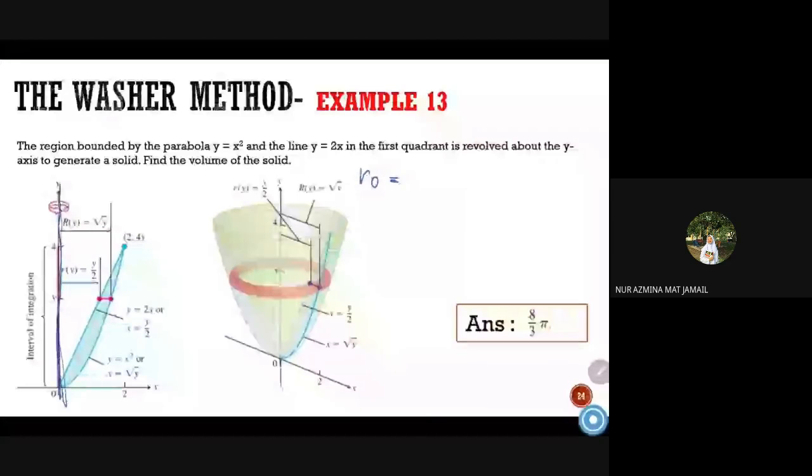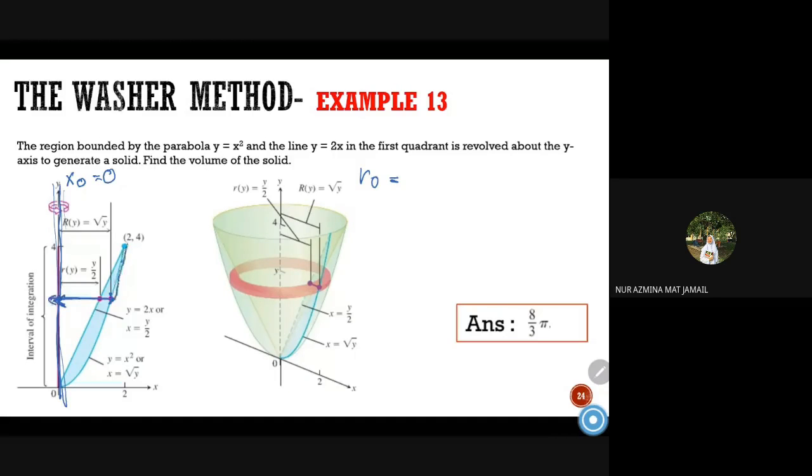This line is y axis, or we can say x naught equals to 0. Y axis is the line where x is equals to 0. This is our center. So dia punya R out adalah jarak dari sini ke sini. Yang ni, yang kat luar ni tolak minus the center.